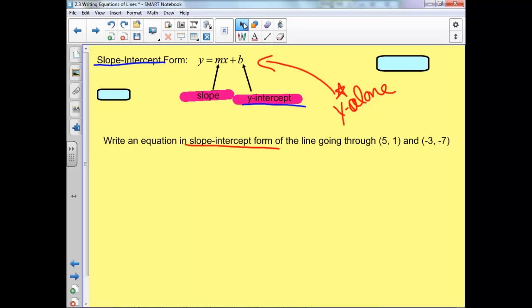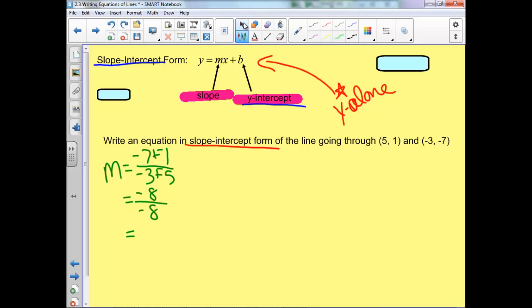So once again, we need our slope. So we get that our slope is 1. And now, once again, it doesn't matter which point you pick, but notice now we've got our slope and a point, so we'll use our point-slope form. But we want to end up in our slope-intercept, meaning we have to get our y by itself.